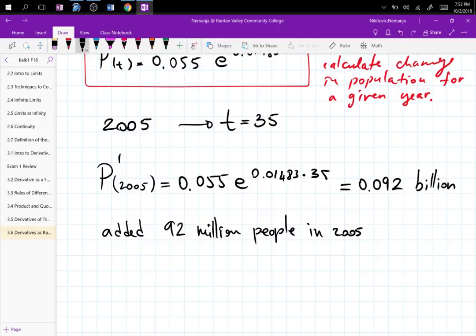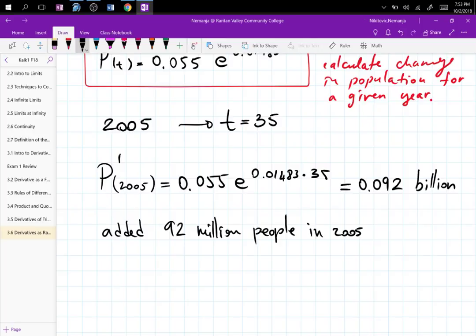You can calculate how many. If you put 49, you will calculate the approximate amount that will be added next year, throughout the entire year, because this function is discrete in terms of years, right? You click one and it gives you that. So that's the derivative as rate of change.